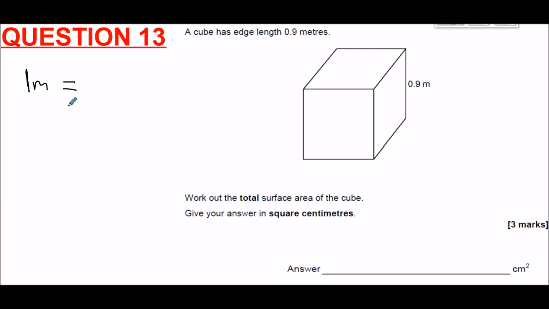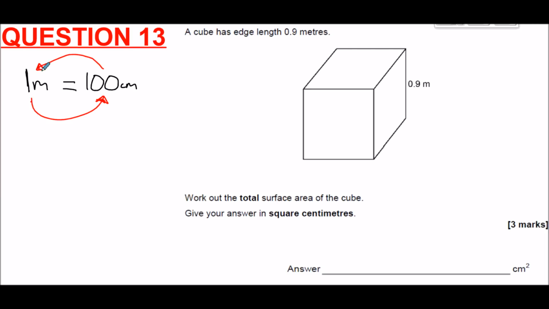So what we need to do first of all is remember how many centimeters make a meter. And the answer to that one is there's 100 centimeters in a meter. So we've got a relationship between meters and centimeters. One of the numbers is 1, the other number isn't 1. If you've got a relationship or a ratio in this form, we change from one to the other by either multiplying or dividing by the number that isn't 1.